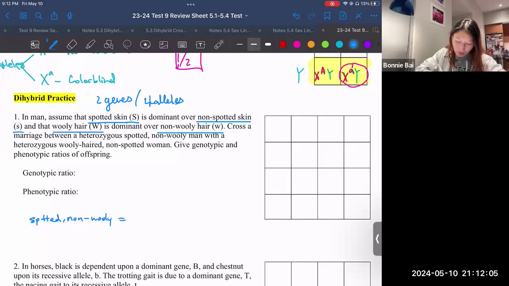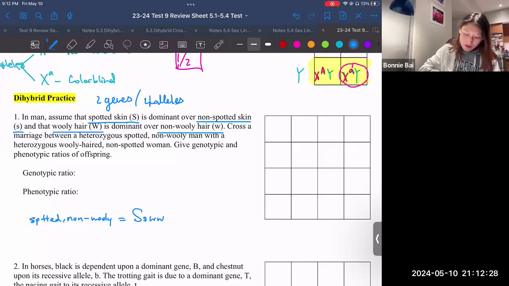For the heterozygous part, I know heterozygous spotted is big S, little s. Non-woolly is little w, so for the second part, it's not heterozygous. It says heterozygous in the front, but it doesn't apply to both of them. The non-woolly means little w, little w. Next one.